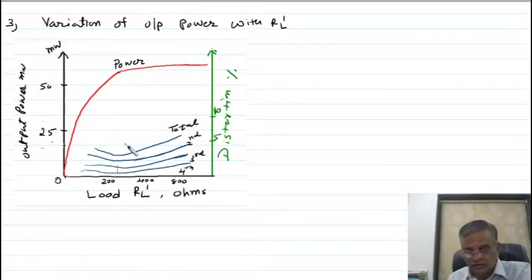This indicates that one has to sacrifice the output power to have a low value of harmonic distortion. So this is one disadvantage, or you can say drawback, of the transformer coupled power amplifier. Therefore, for a good power amplifier design, one has to sacrifice the output power to get low distortion.